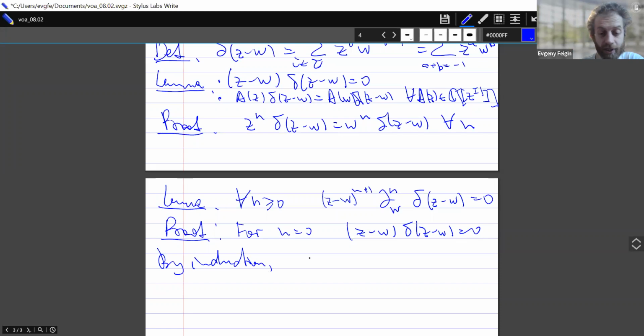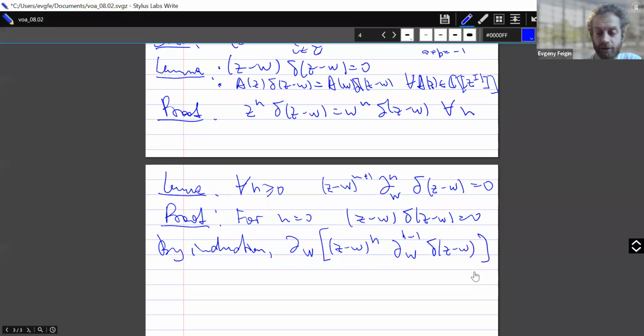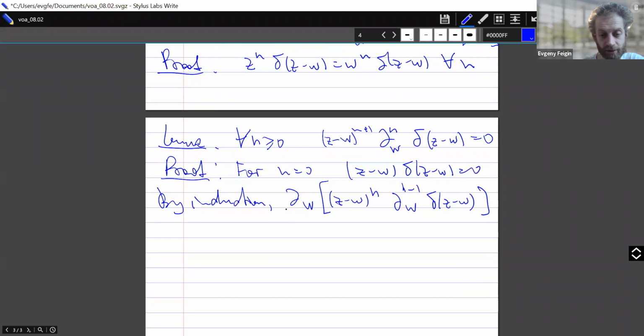say if we take (z minus w) to the n, and then dw to the n minus 1 of delta of z minus w, and then we apply here dw. So we know that this is 0. So from one hand, 0.